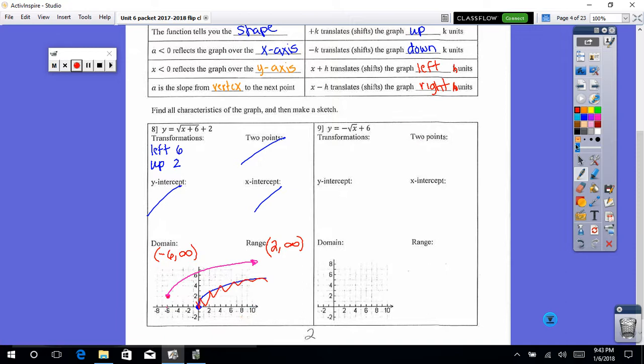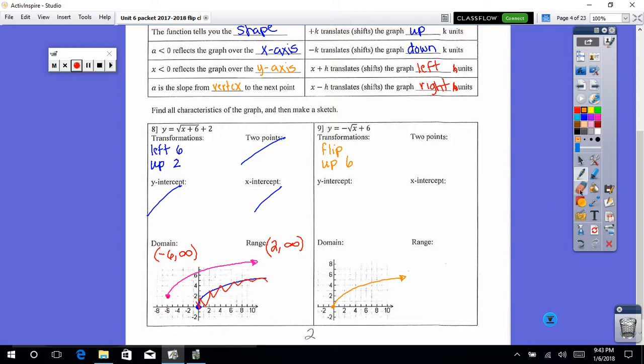Okay, let's look at this guy. Still the square root function, so I'm going to sketch an original picture of the square root right here. Okay, this time I do have a negative a, so that means I'm going to flip upside down. And then I have a plus k on the outside, so I'm going to go up 6 units.